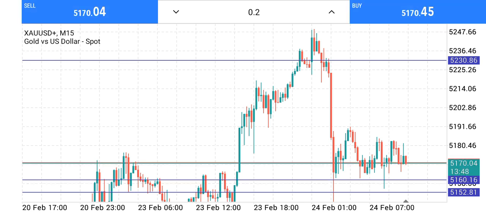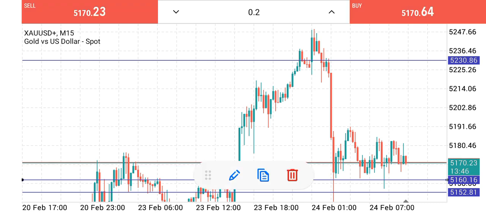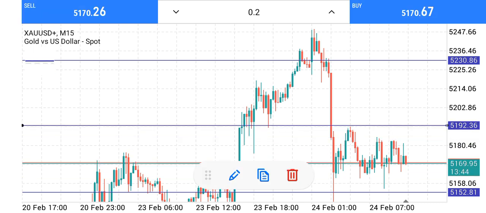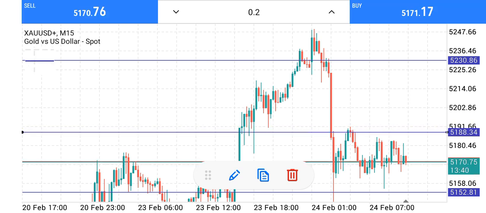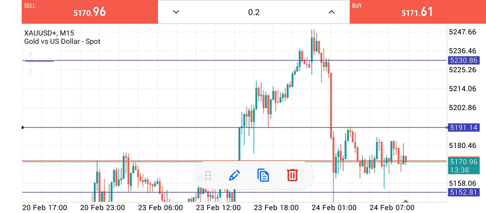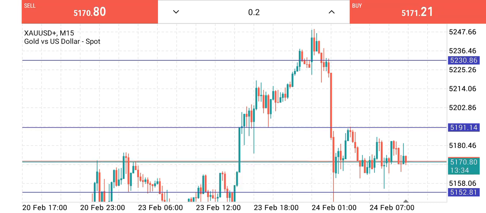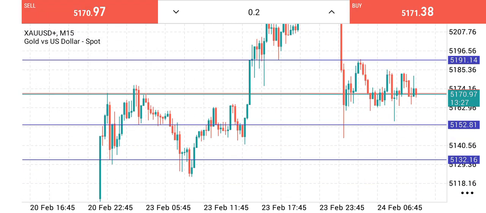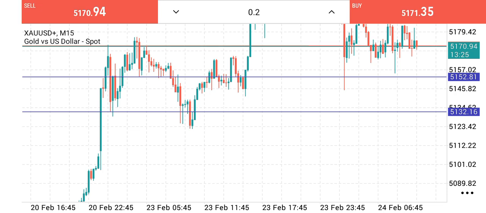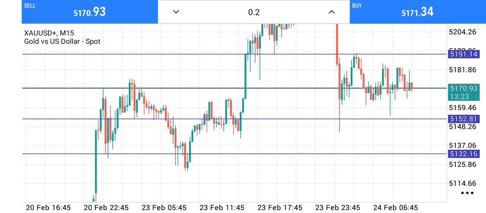So I'm going to come out this line, go up. Then up here is your support because the market touched it twice or 3 times. So we get our support and resistance. We get our supply and demand. This up here is your supply. Then this down here is your demand. Then this middle one that I marked is your order block.